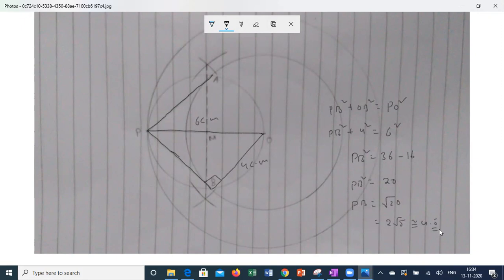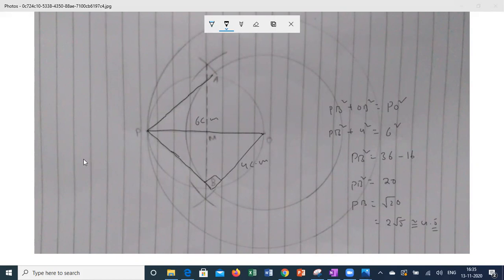If it is 4.5, then you can say the answers are tallied practically and analytically also. Hamsini, Niranjan and Sandhya, clear?